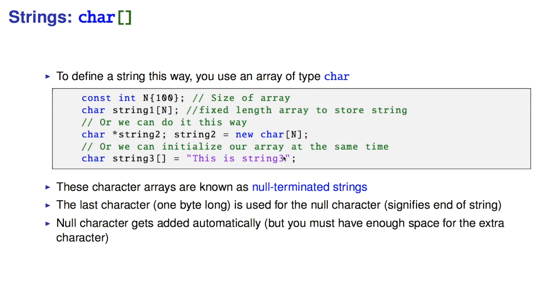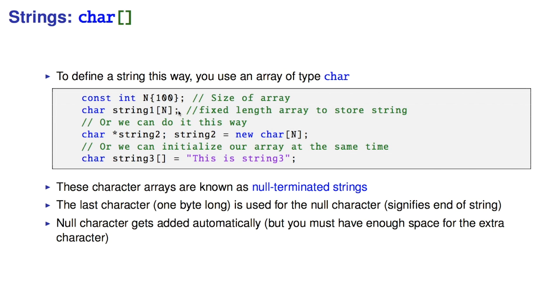The old-fashioned way is the array of characters, which I write down as char square bracket opening at the top of this page. To define a string in this way, you use an array of type char. So suppose I declare an integer that has value 100.